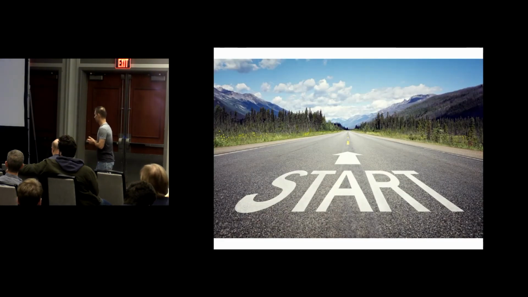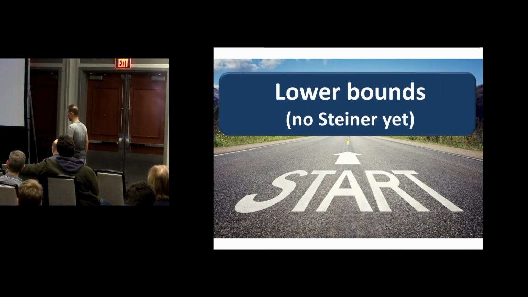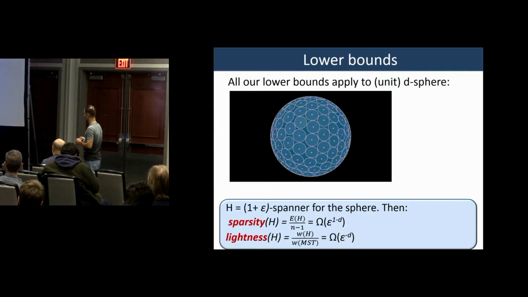Okay, so the starting point of this work starts with a very simple observation that I hope I'll be able to convey. And this observation is in the lower bound side. We just find the hard instance, and so let's see. In d dimensions, the hard instance will be the sphere, the d-dimensional sphere, but I want to focus mostly on the two-dimensional case.